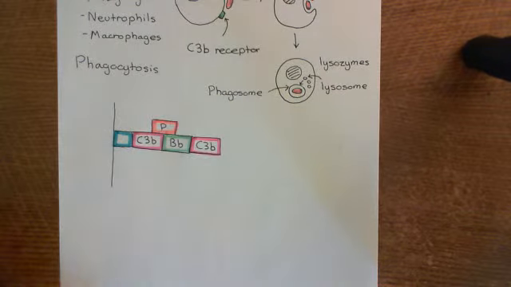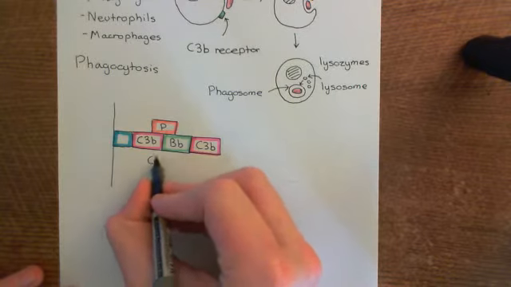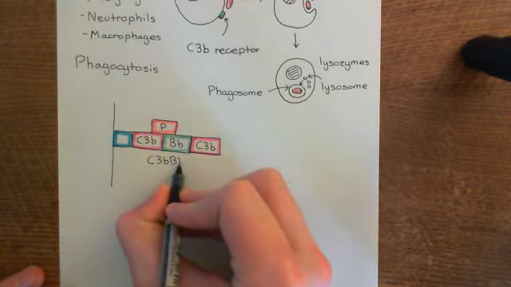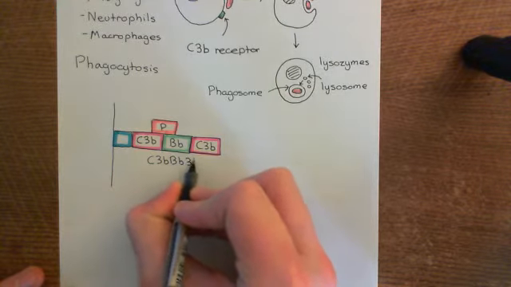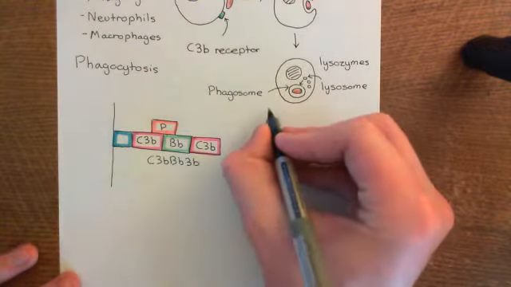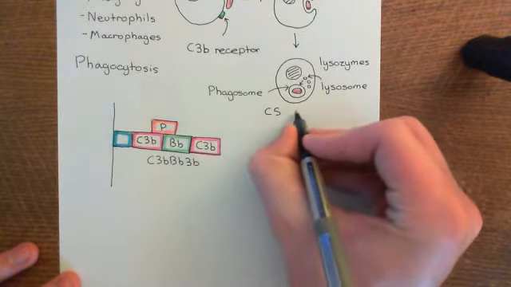So this complex now is known as a C3bBb3b, and then we miss out the properdin. We put Bb, and then we'll put another 3b there. Now what is this going to do? Well, this is actually what's known as a C5 convertase.